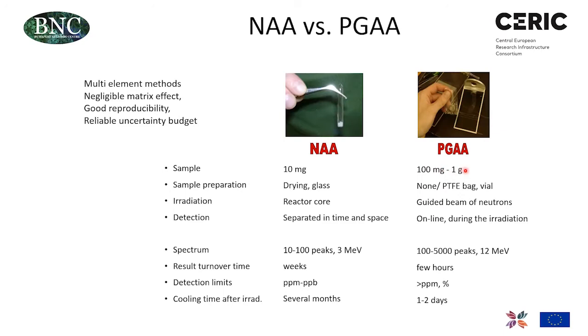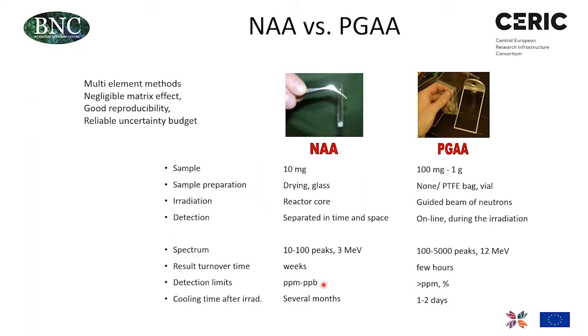In the case of PGAA, you need higher sample mass. The sample preparation here is also very easy. And the difference is that for NAA, we separate in time and space the irradiation and the counting, while for PGAA, these two things are happening at the same time. The disadvantage of neutron activation analysis is that you have to measure the artificially induced radioactivity in the sample several times. So the entire procedure can take weeks even.